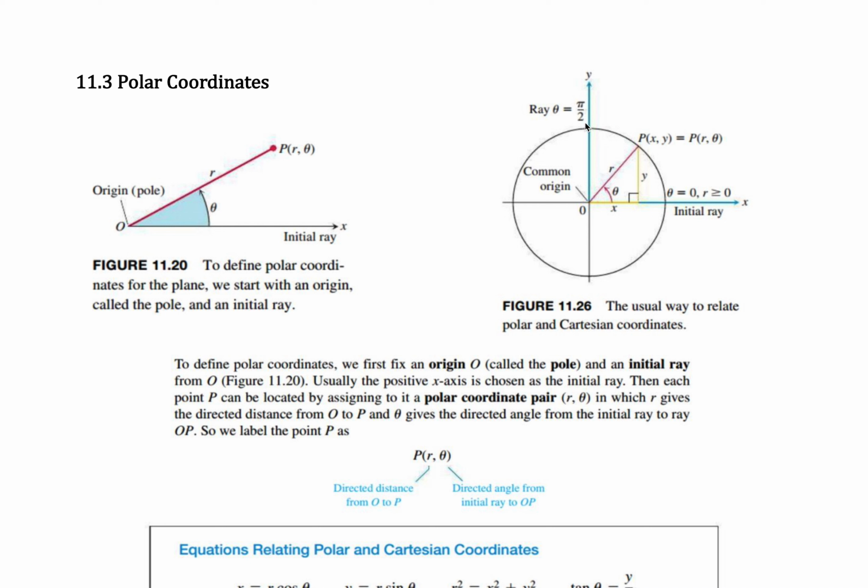In this picture, the positive y-axis would be pi over 2. The negative x-axis would be theta equals pi. Then continuing, we'd have 3 pi over 2 down here. And then we hit the x-axis again, and that's 2 pi. And you could continue spinning around here if you wanted to.